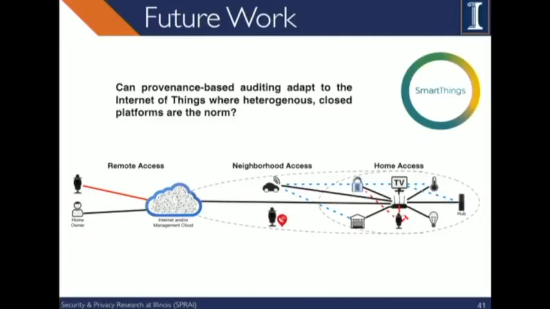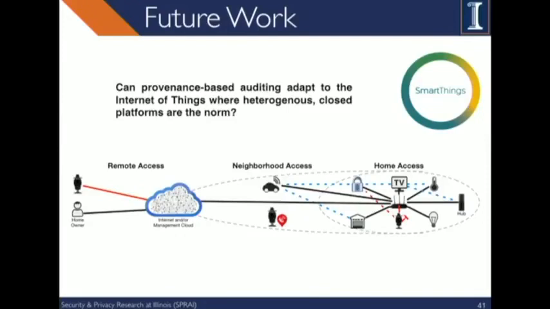So the challenge then becomes how do we record this type of information in a system where everything's closed source, nothing's running on the same platform, and by the way, we might have 4 or 5 different radio interfaces in a single device. Wi-Fi, Bluetooth, Zigbee, Z-Wave, so on and so forth. There's all these different channels that could be used for attackers in such a system.